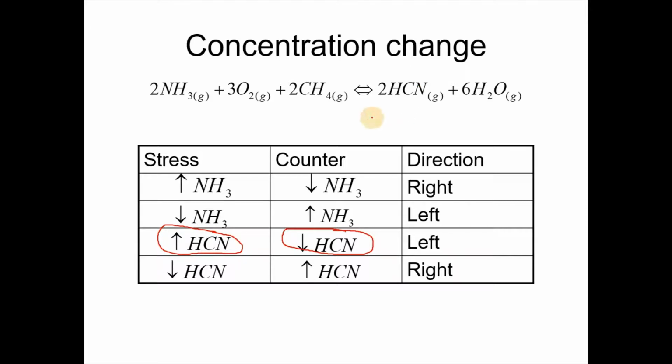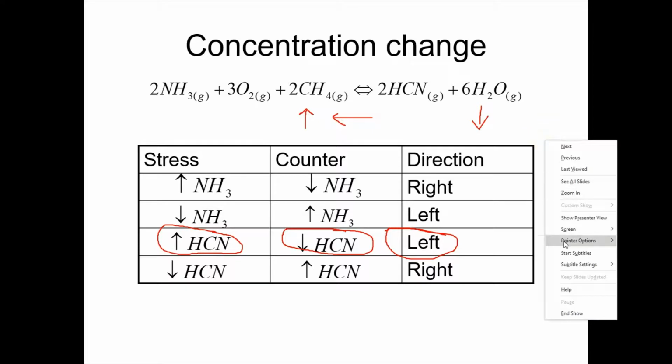So let's go away from the right, which means toward the left. Okay. And that's why we get this answer right here. Now, if they asked you what happens to the concentration of CH4 when you increase the amount of HCN, well, you increase the amount of CH4 because once the arrow goes to the left, that means that everything on the left is increasing and everything on the right is decreasing. H2O would decrease. Okay.